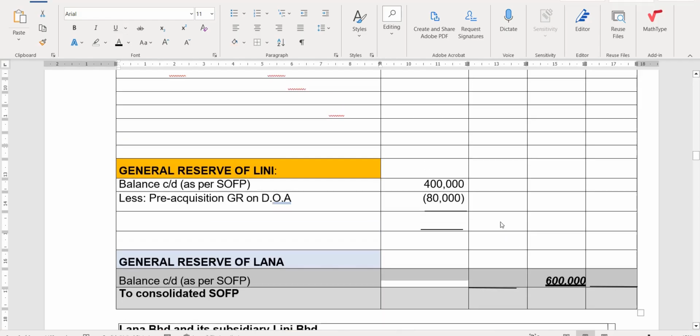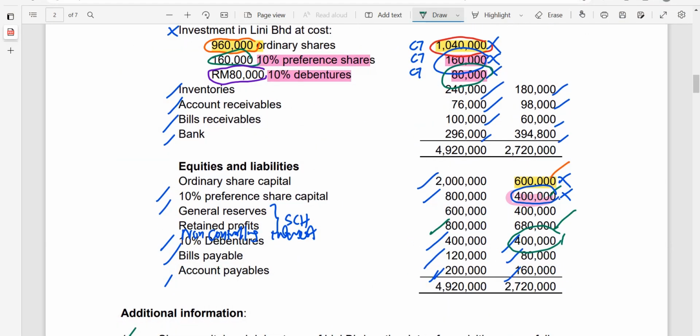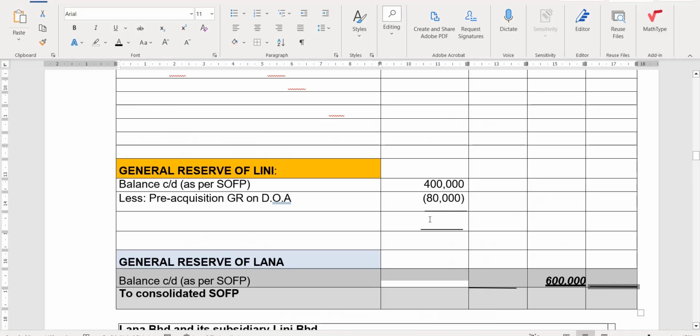I took this from the question. Again, let me show you. This is from here. We take the general reserve 600,000 and put it under the Lana section, 400,000 under the Lini section in the schedule. And also don't forget to reduce Lini's figure with the pre-acquisition general reserve balance, like what I've done here.